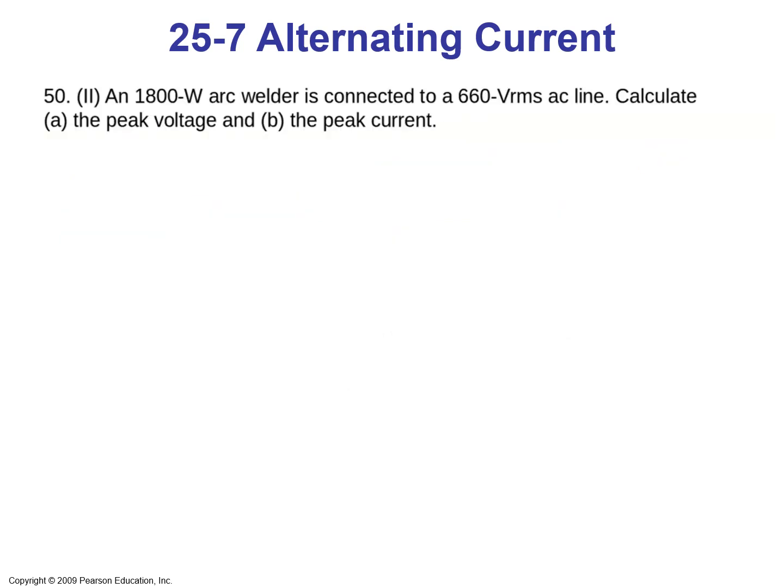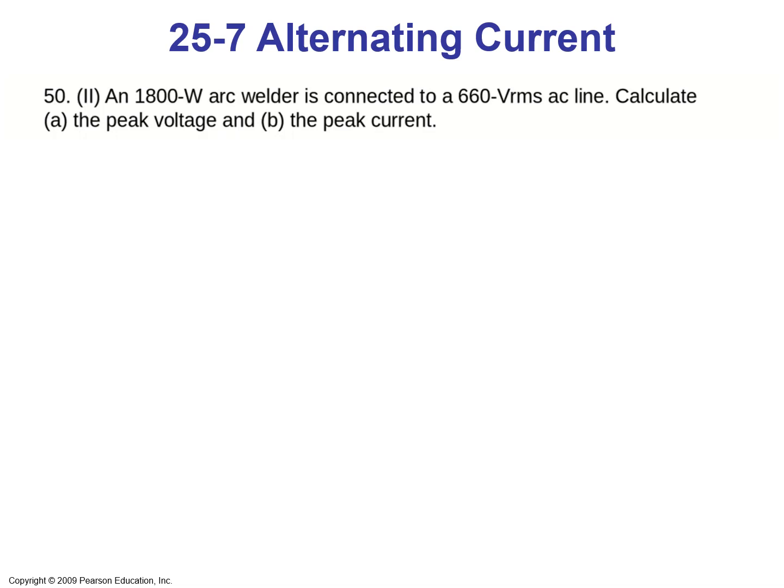All right, at this point, we'll look at problem number 50 from the book as an example. An 1800 watt arc welder is connected to a 660 volt RMS AC line. Calculate A, the peak voltage, and B, the peak current. So we should use the average power and RMS voltage relationship to calculate the peak voltage and peak current.